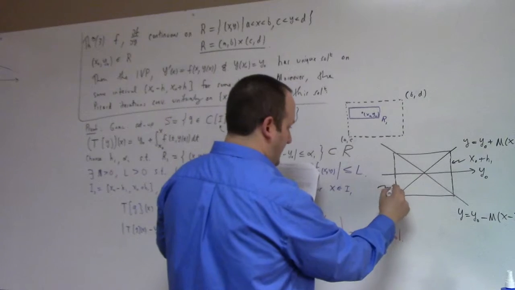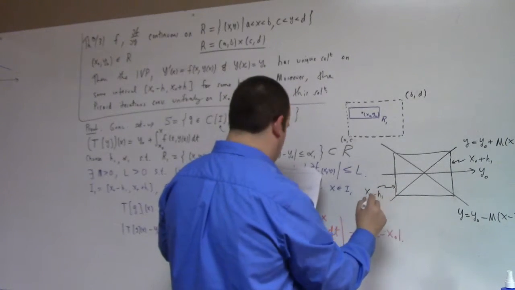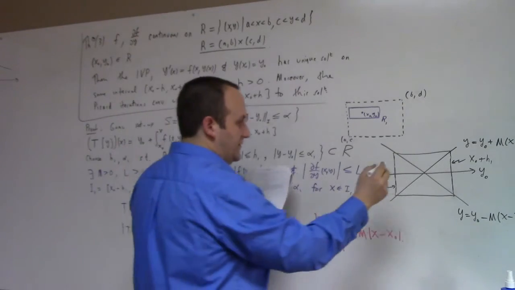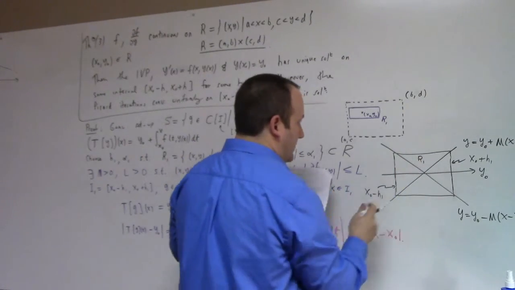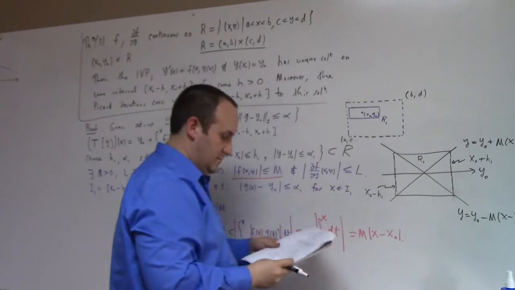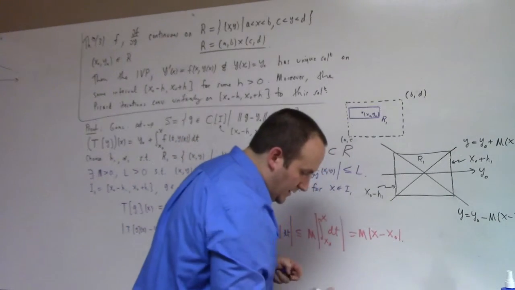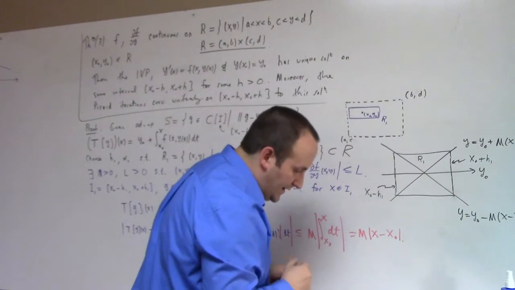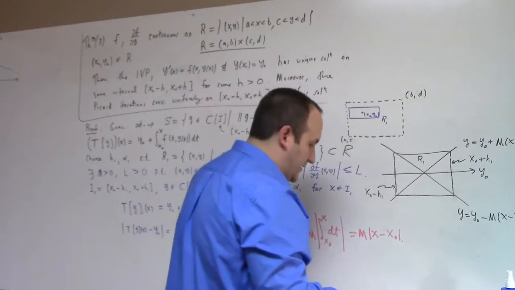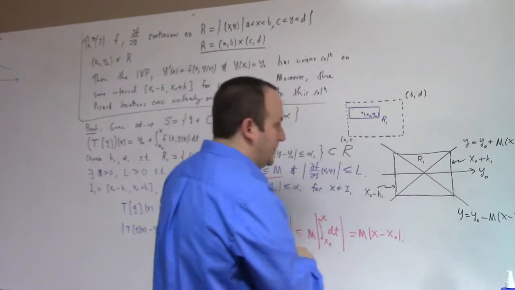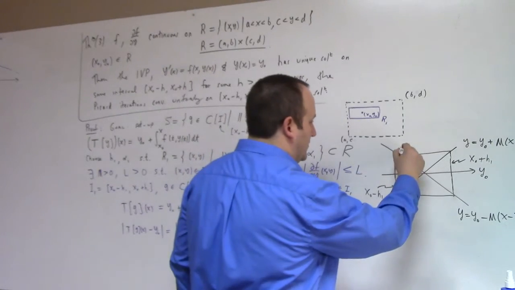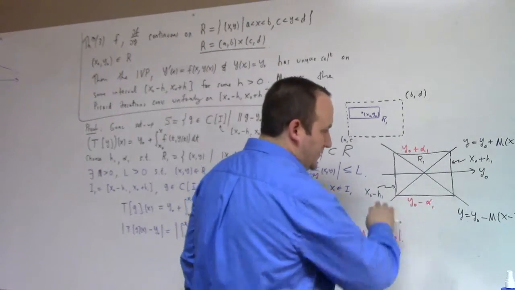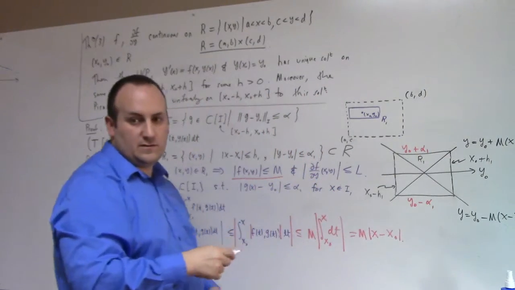Then over here you'd have x naught minus h1. The whole rectangle is r1. And then he has y naught plus or minus alpha 1. This is y naught plus alpha 1, this is y naught minus alpha 1, those horizontal lines. Right?